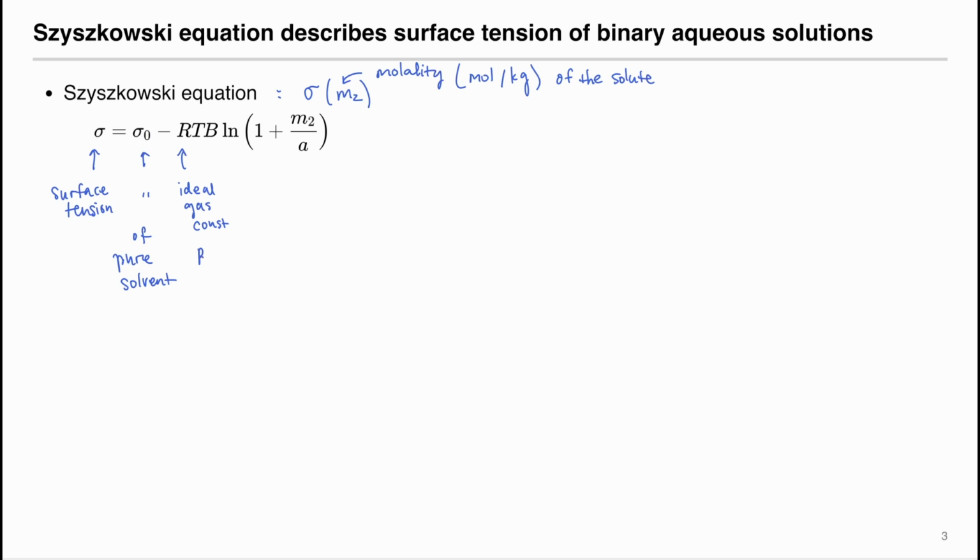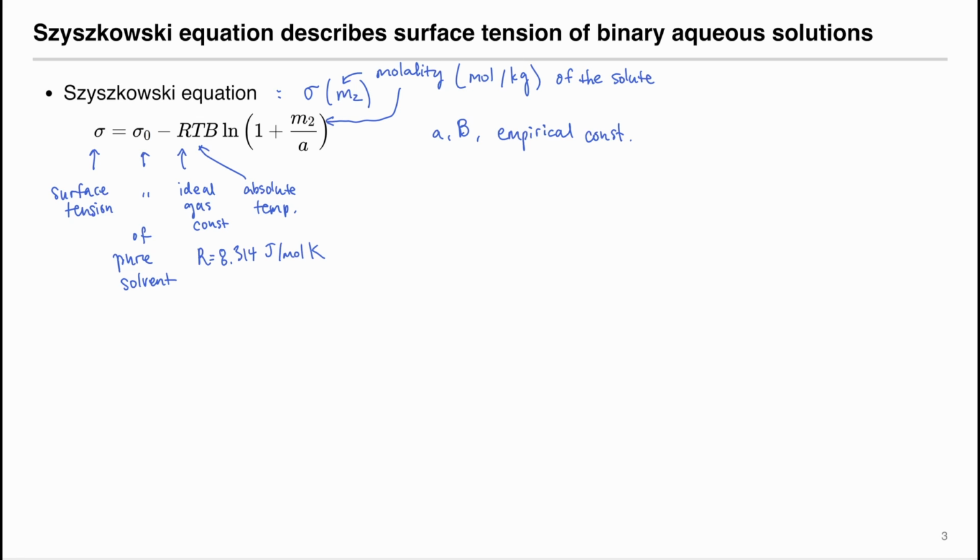Usually in the SI unit, R equals 8.314 joules per mole Kelvin. And T, of course, is absolute temperature. Always use absolute temperature. And A and B are empirical constants that we want to fit. And then m is the molality.